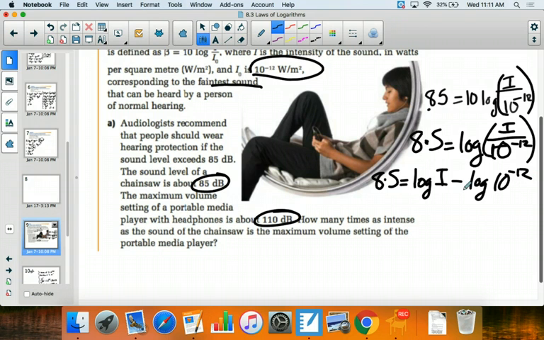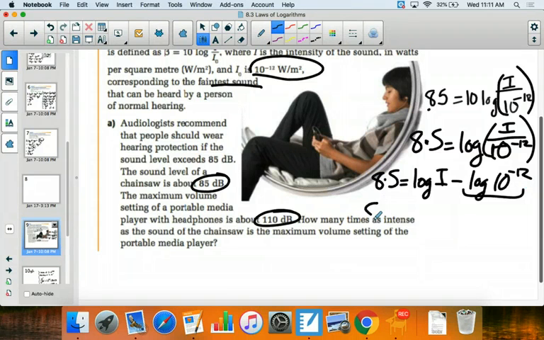Well, this second term here you can evaluate. It's all numbers. I can go on a calculator and ask what is log of 10 to the power of negative 12, but common sense should tell you that the answer is just going to be negative 12, because your base is 10. 10 to the power of what equals 10 to the negative 12? Negative 12.